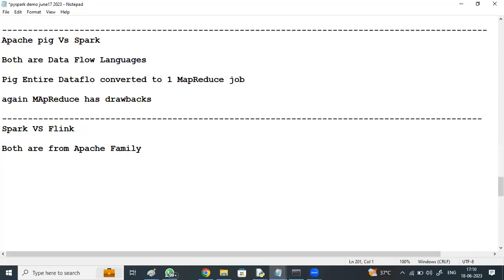Both have the same purpose and objective.